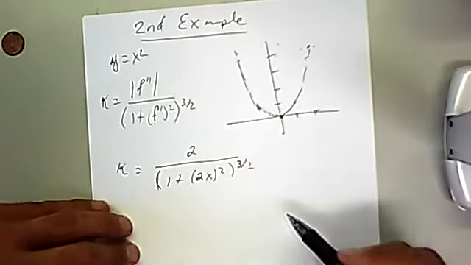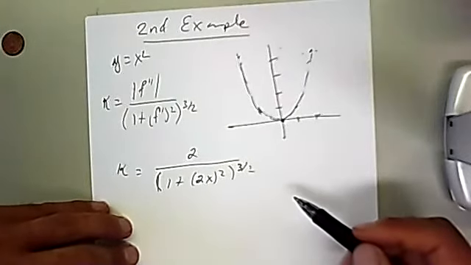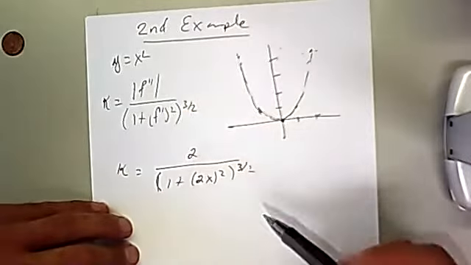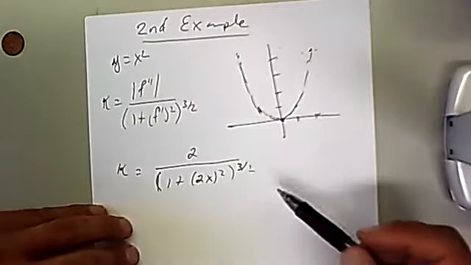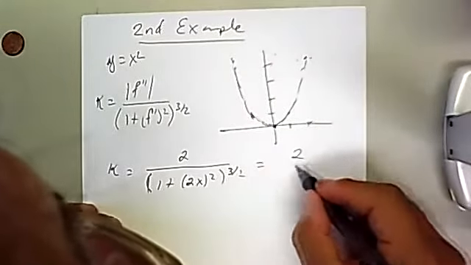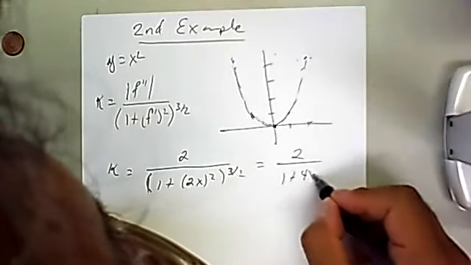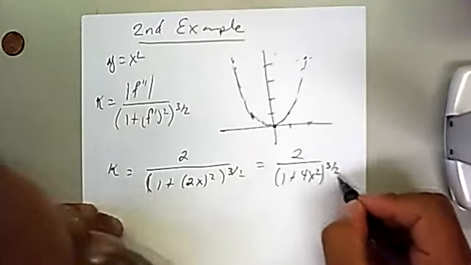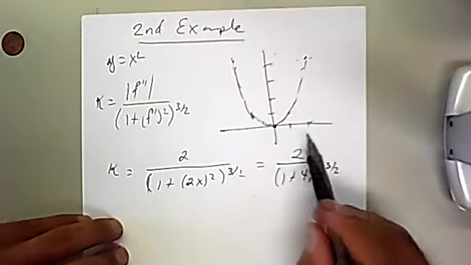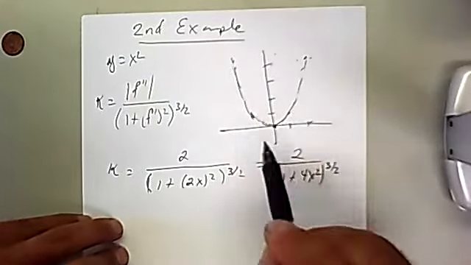The second derivative is 2. And we take the absolute value, but the absolute value of 2 is 2. So let's just simplify that exponent. So we have 2 over (1 plus 4x squared) to the 3/2. So there is the generic formula for the curvature of this particular parabola.